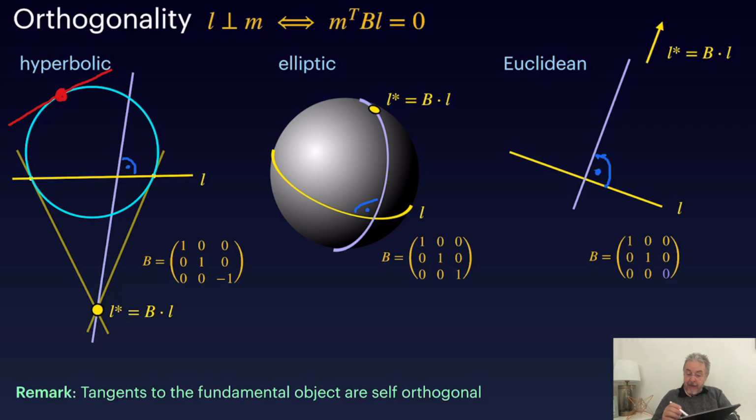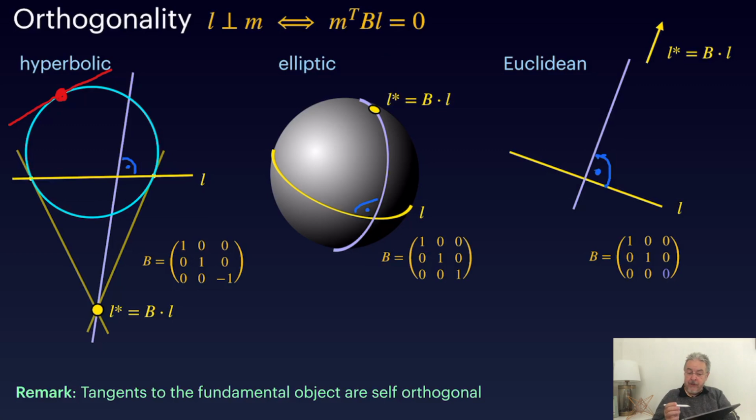Second remark, if you look at Euclidean geometry and you apply this definition here, it turns out that the line at infinity will be orthogonal to any other line, because if you plug it into that formula, then B times L gives something with a 0 in the last spot, and the line at infinity has coordinates 0, 0, 1, which will always have a 0 product with the pole.